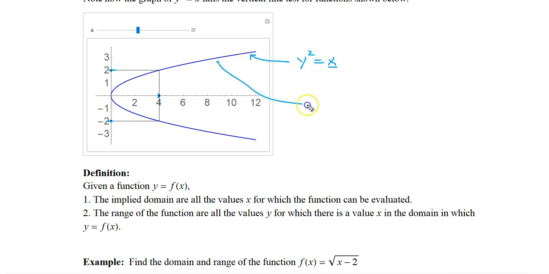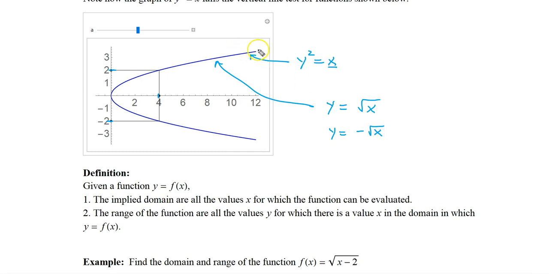You may recognize this graph, I keep saying function, sorry, this graph is actually composed of two different functions. It's actually composed of the square root of x and negative the square root of x.